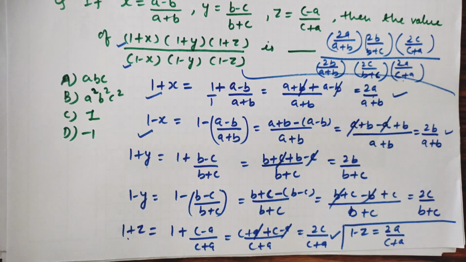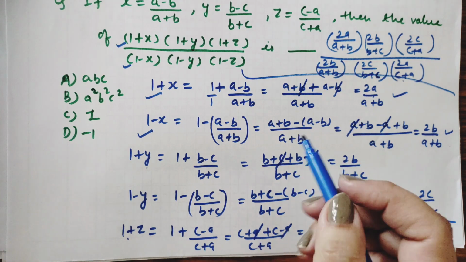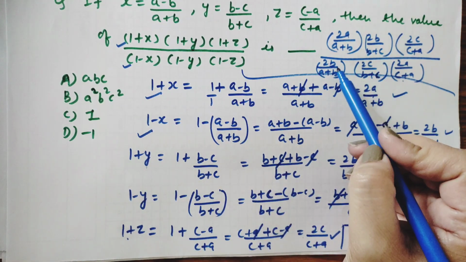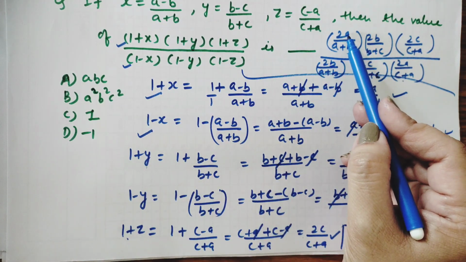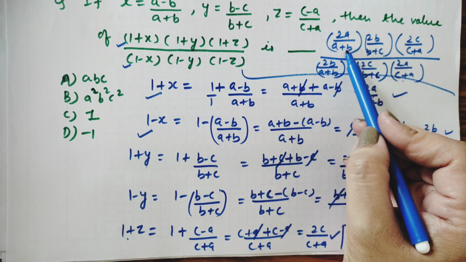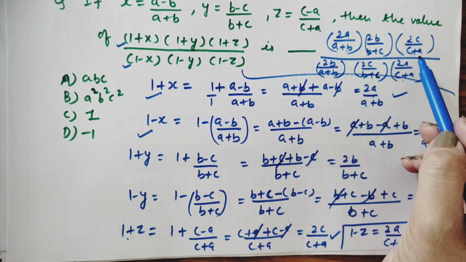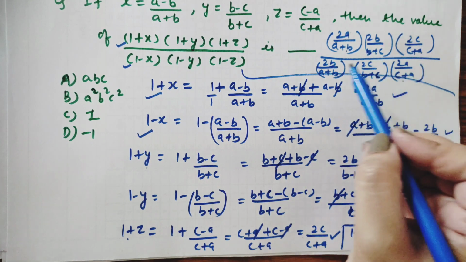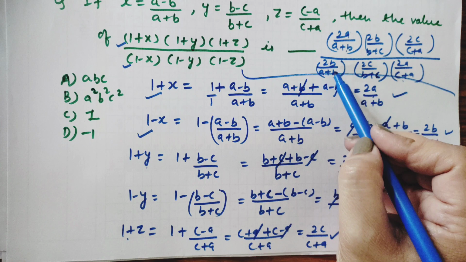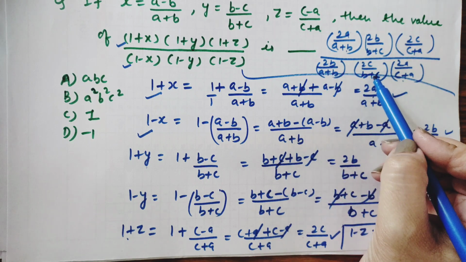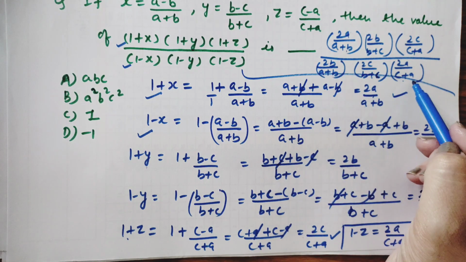Now you can see clearly that some terms are the same. In the numerator, 2a upon (a plus b), 2b upon (b plus c), and 2c upon (c plus a). Similarly in the denominator, 2b upon (a plus b), 2c upon (b plus c) and 2a upon (c plus a).